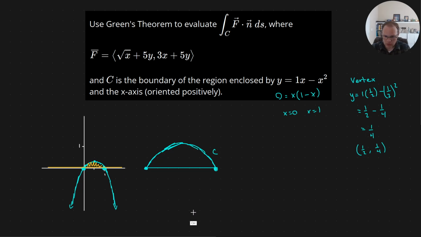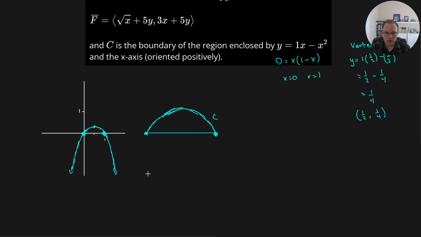So that's the region that's enclosed by both. We could just do the line integral. So we want the integral of F dot n over curve C. That means we want the flux of the vector field through the boundary.